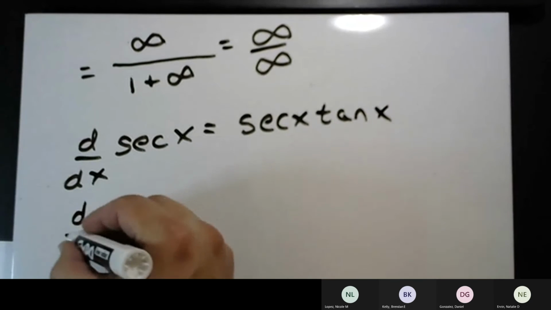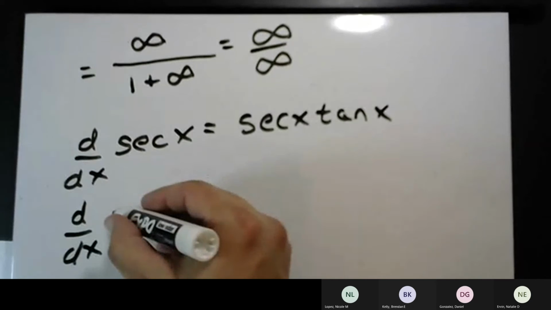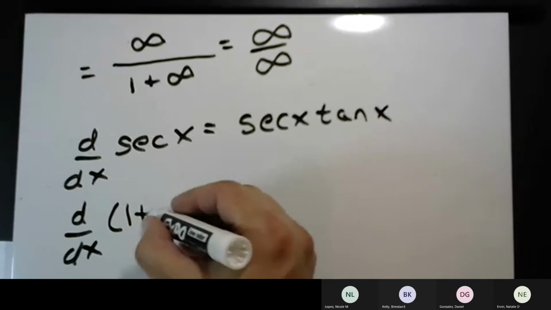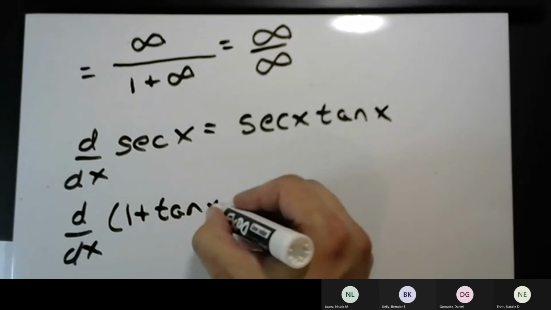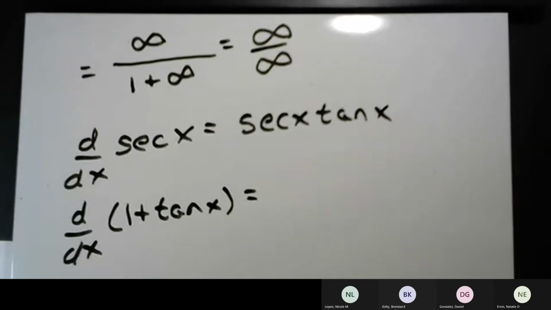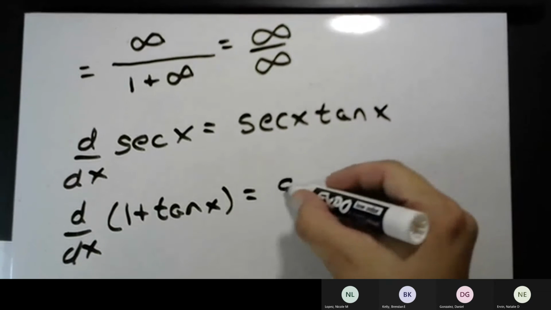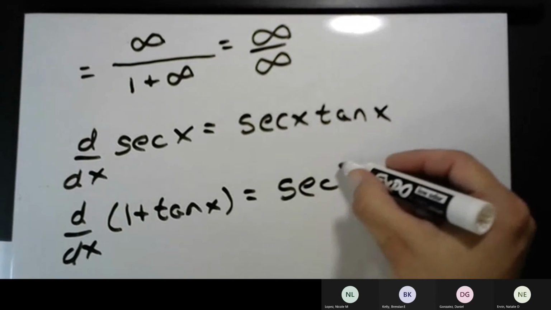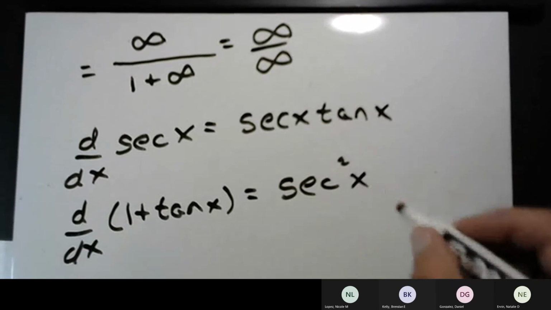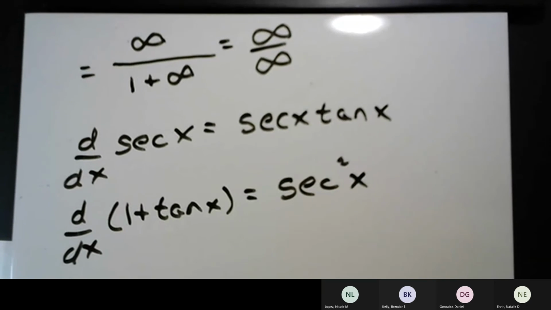Now let's take the derivative of 1 plus tangent x. And that's going to give us secant squared x.